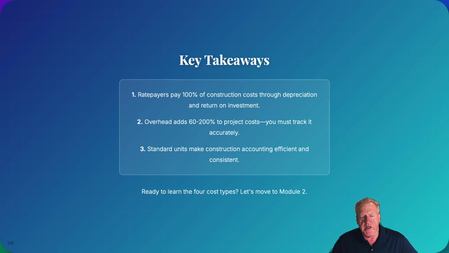This includes the overheads that can double or more than double the cost of a project. And then using standard units makes this process a lot easier than it sounds. So as we go ahead here, we'll see how it all fits together. By the time we get done with Module 10, you will be a construction accounting expert for FERC and RUS. So let's move on to the next module.